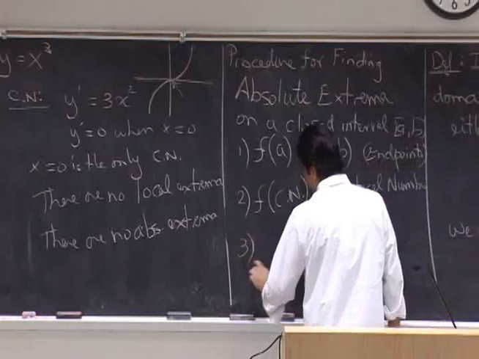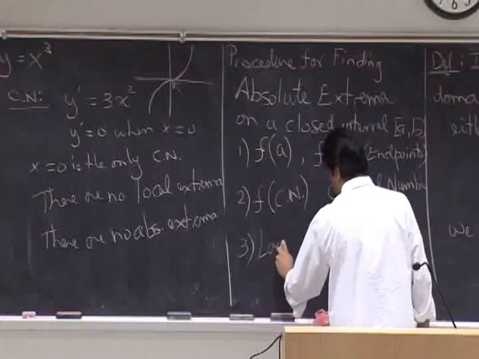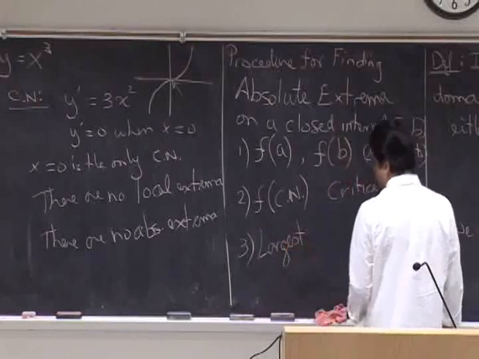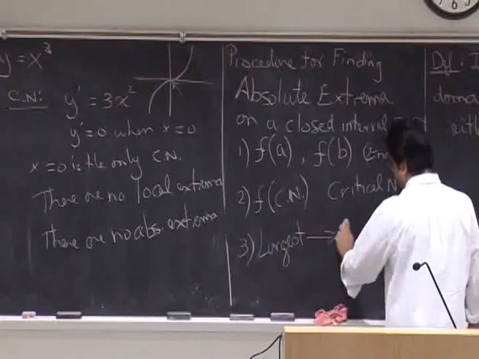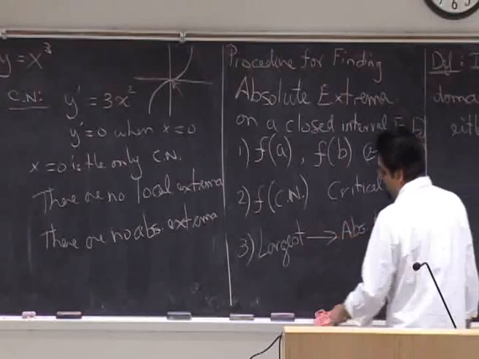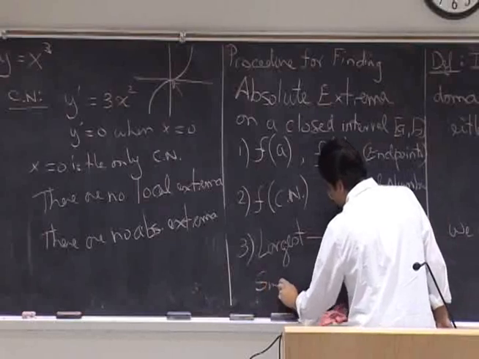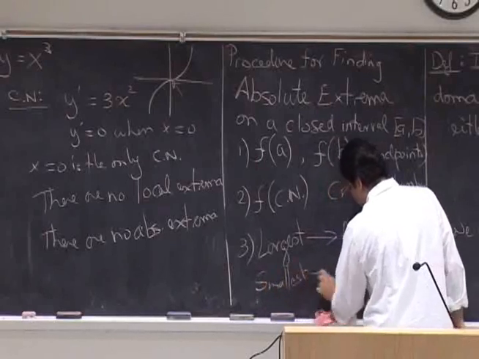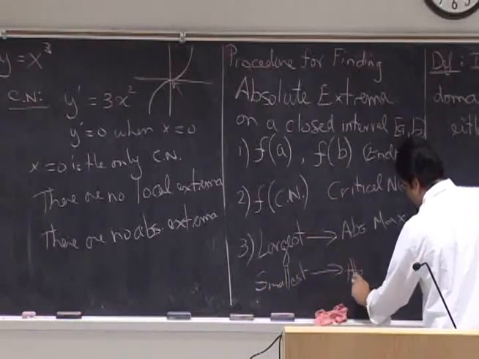And number 3, the largest value in steps 1 and 2 gives you the absolute max. And the smallest value in steps 1 and 2 gives you the absolute min.